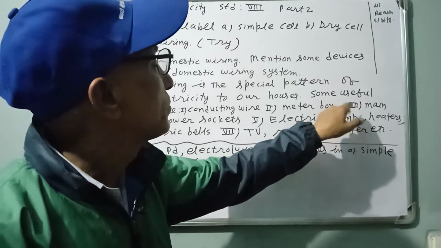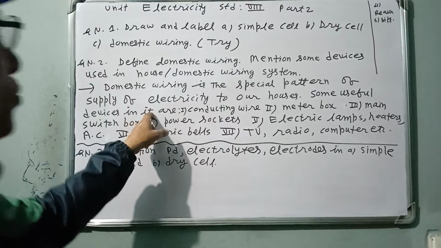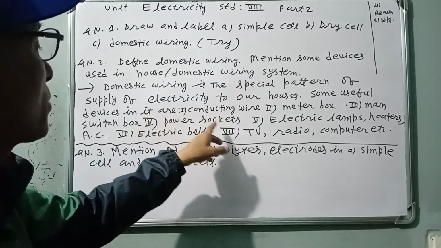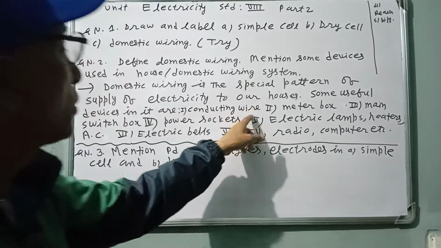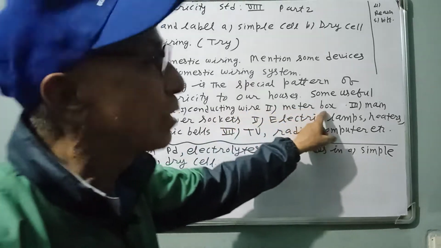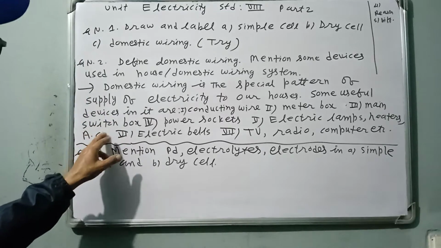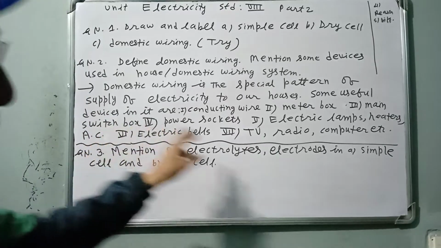Some useful devices in the house wiring system are as follows. Conducting wires which conduct electricity, generally made of copper or aluminum. Meter box, main switch box to switch on and off.